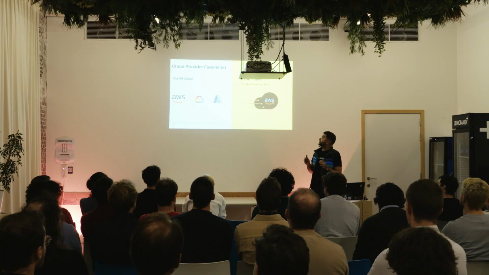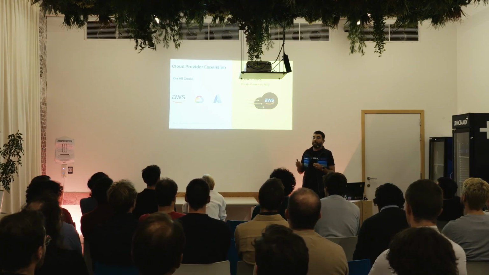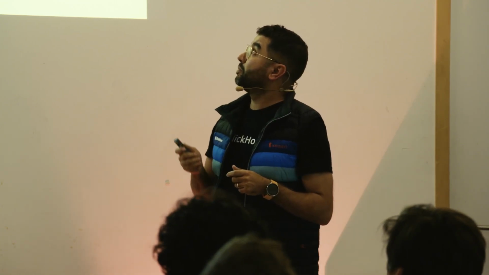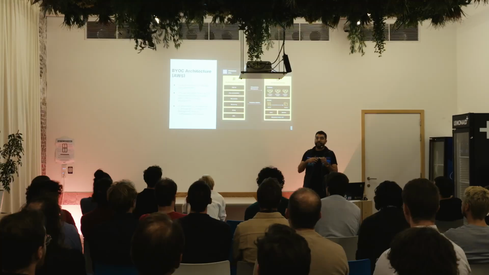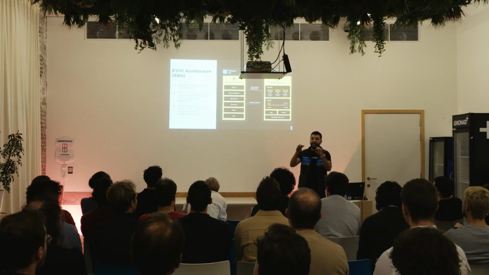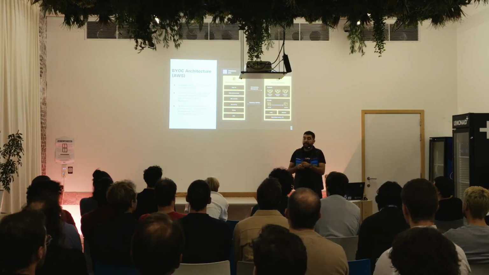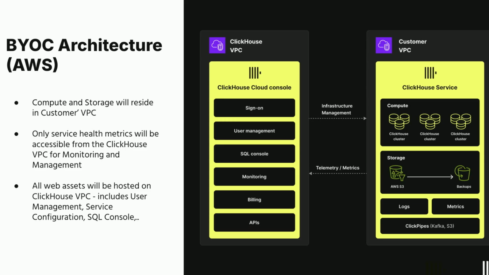And we are starting a third deployment option called Bring Your Own Cloud, or BYOC for short. It is in private preview on AWS, but it will be GA in a few weeks. The purpose of BYOC is that we separate the control plane and the data plane. We install the data plane in your VPC, so we set up the compute and the storage in your VPC, and we only send monitoring data to manage your service from the control plane.